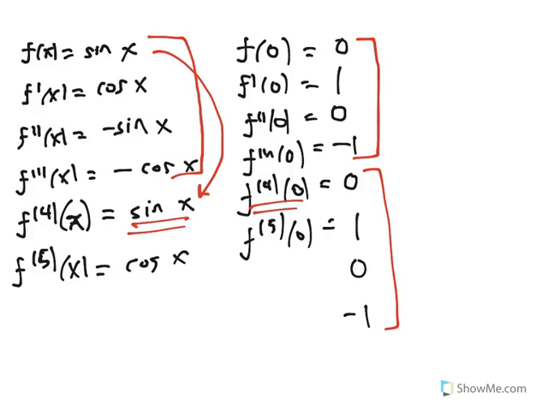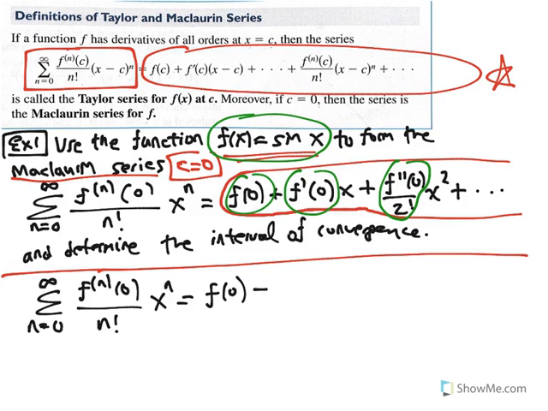So we make that observation, and we're able to do the following. Here I'm just rewriting the definition of a power series with center at C is equal to 0. So we have x minus 0.